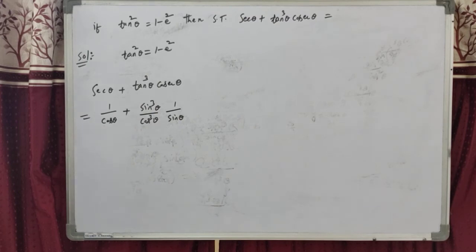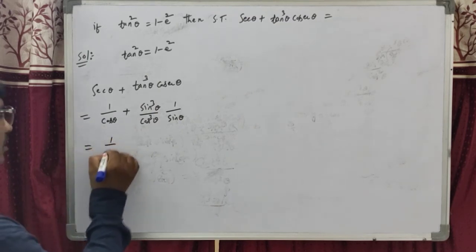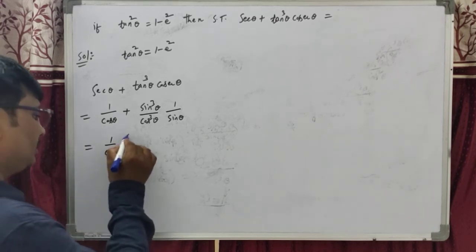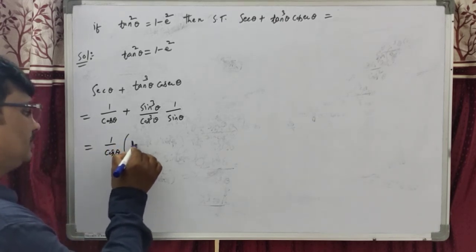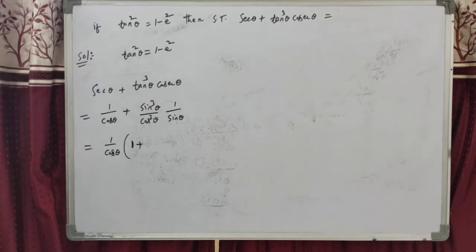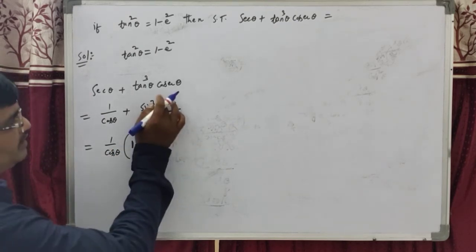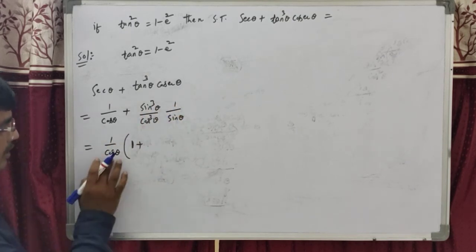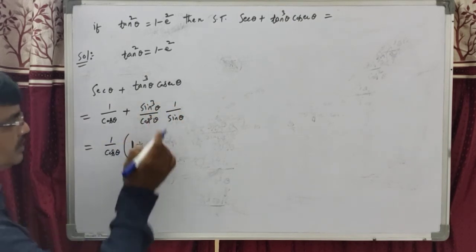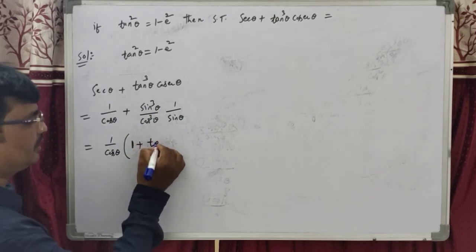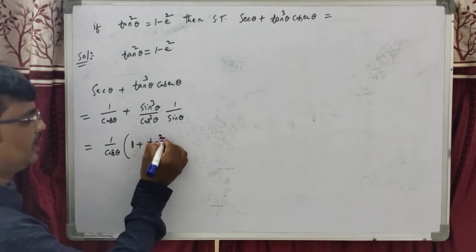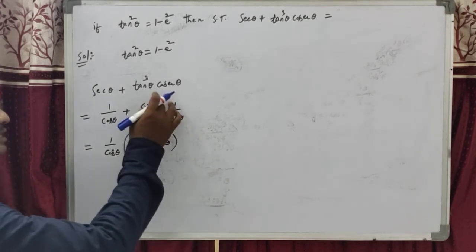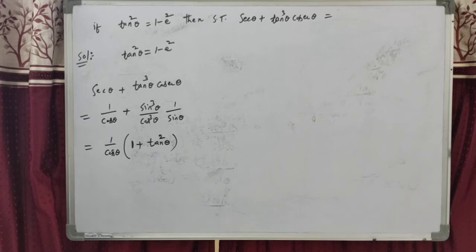Now, students, here taking 1 by cos theta common, there is 1 plus, one sin cancels, leaving sin square theta. Already we took one cos, now the remaining is sin square theta by cos square theta, which is tan square theta. Do you understand, students? Sin square by cos square is tan square.